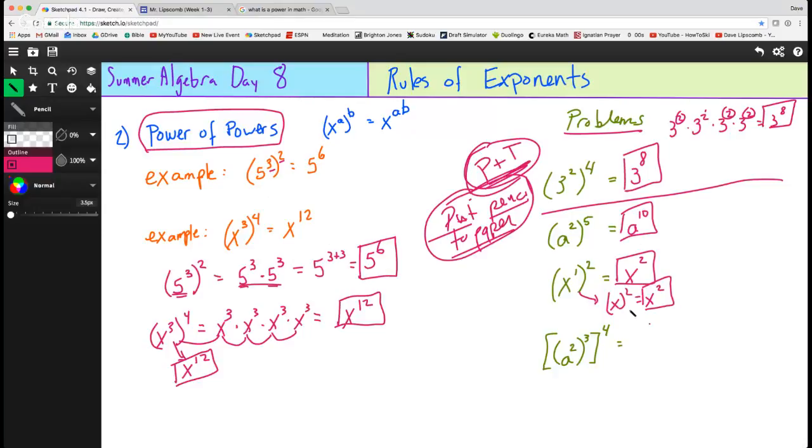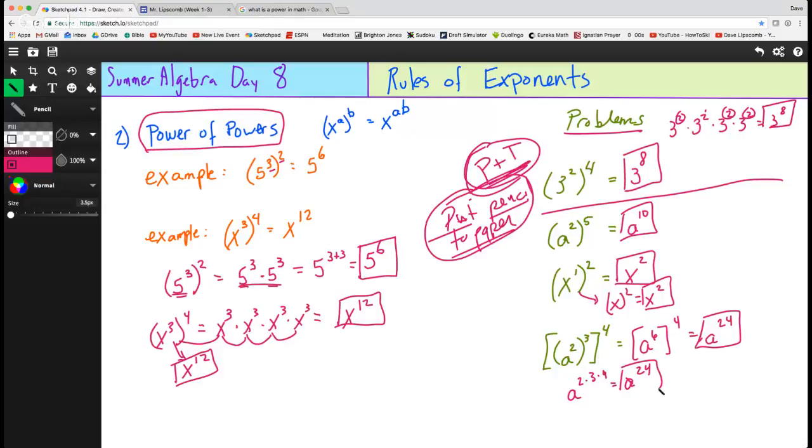Either way. And down here we have to do our rule twice. So on the inside, we have a squared cubed is a to the 6th, to the 4th. And then we have a to the 24th. We could have just multiplied all the way out and said, well, that's a to the 2 times 3 times 4, and that could have been a to the 24th.